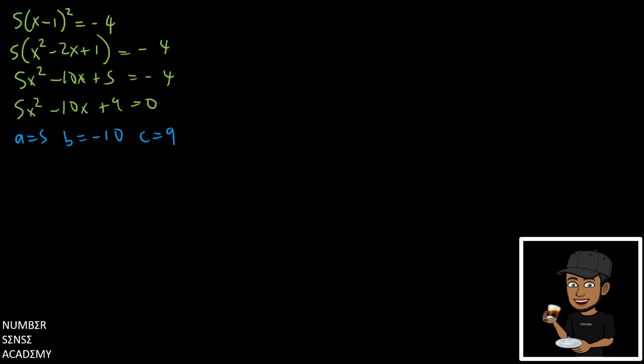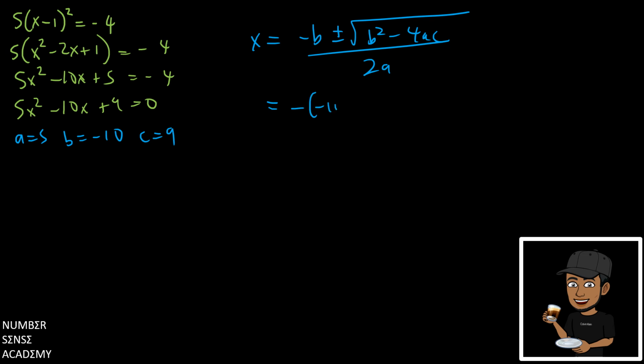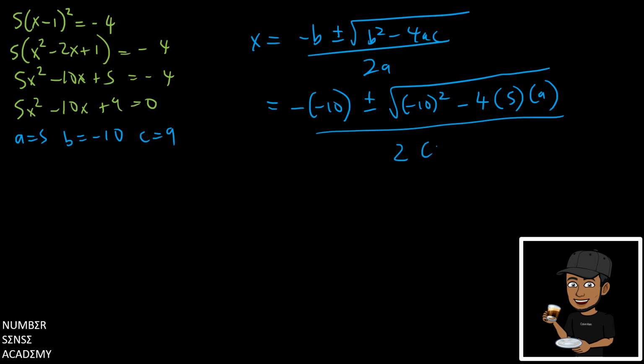So let's plug this in and see where we go. So we have x is equal to -b plus or minus the square root of b squared minus 4ac over 2 times a. So b becomes negative of -10 plus or minus the square root of -10 squared, and then minus 4 times a, which is 5, and then c, which is 9, over 2 times 5.